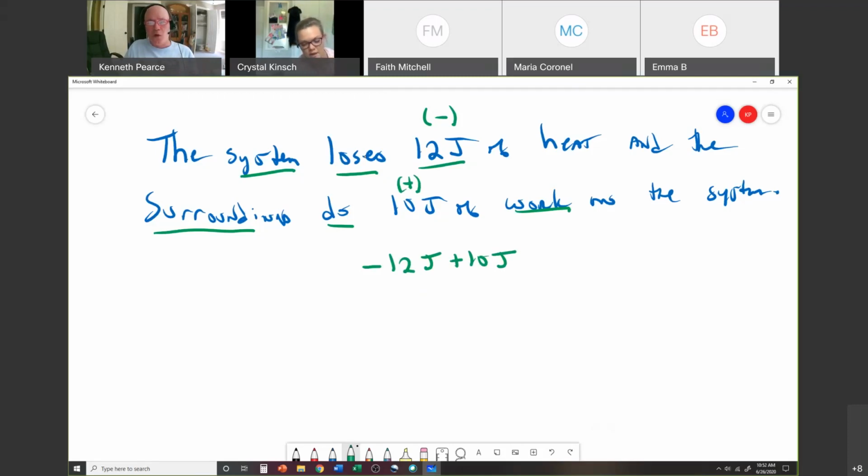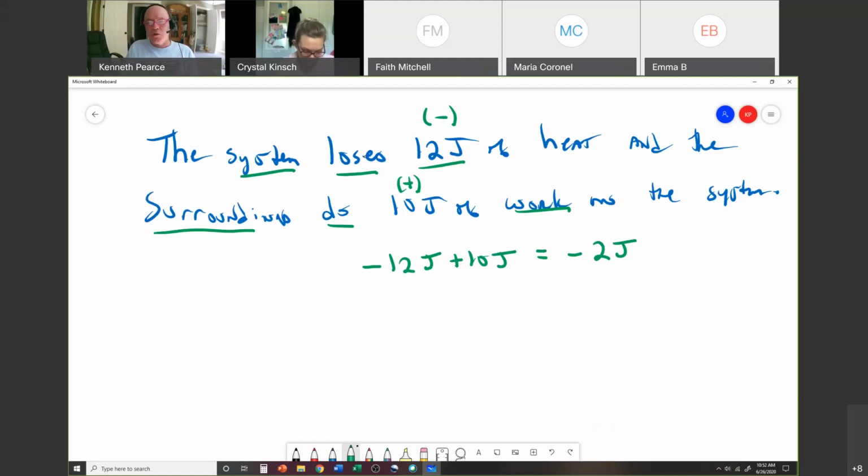So the system lost heat, 12 joules, that's minus. The surroundings did work. Surroundings have lost energy because the surroundings are doing the work. But what's it doing work on? It's doing work on the system. And so that becomes plus 10 joules. And once again, we get minus 2 joules. It just worked out that way.